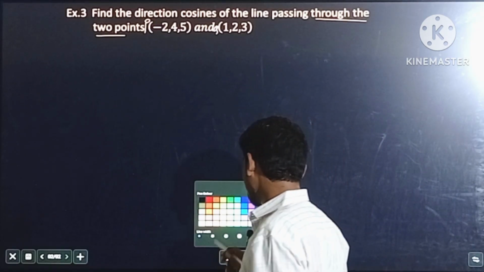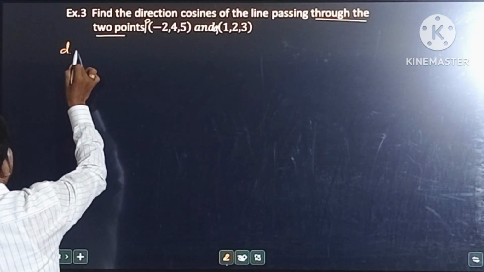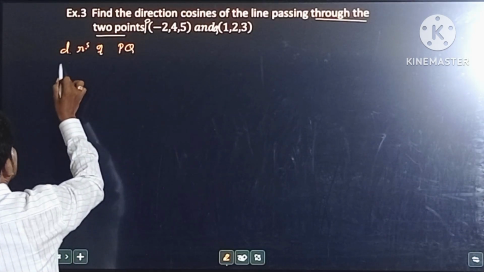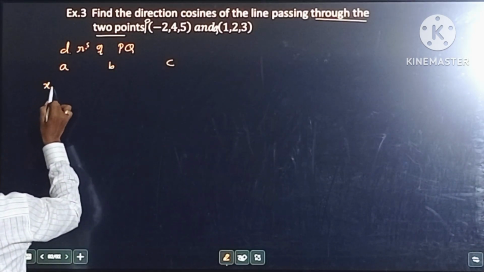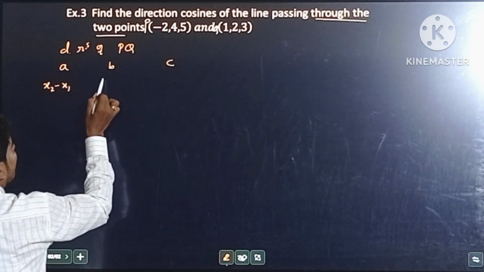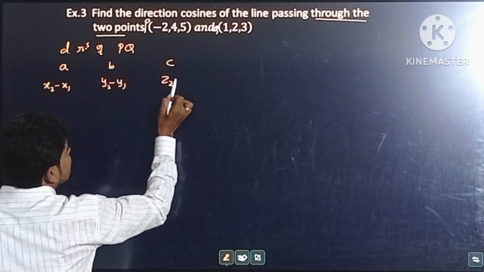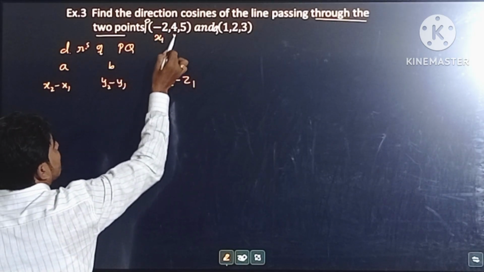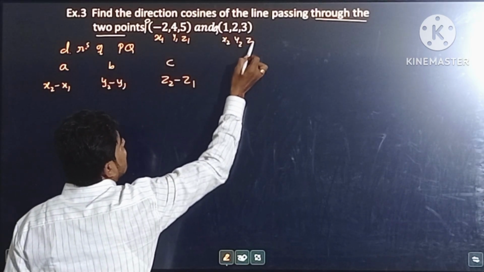As you know, the direction ratios of the line joining 2 points, that is the direction ratios of PQ, are A, B and C, where A is x2 minus x1, B is y2 minus y1 and C is z2 minus z1.